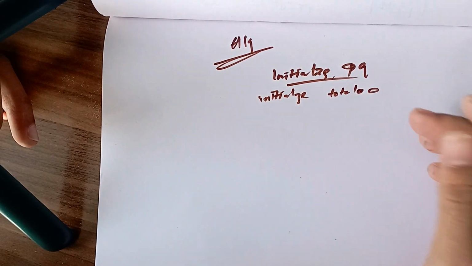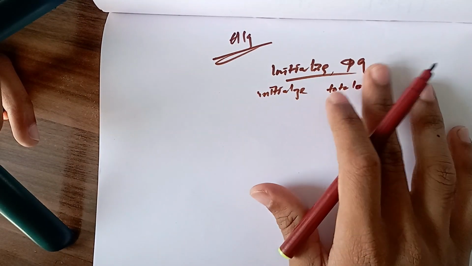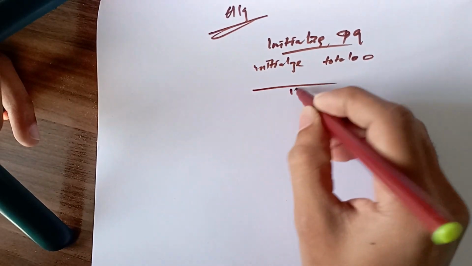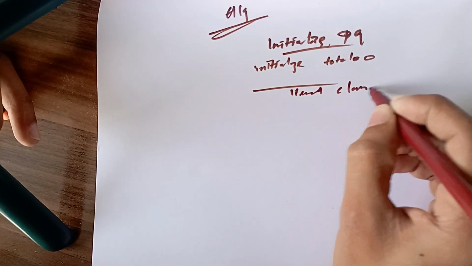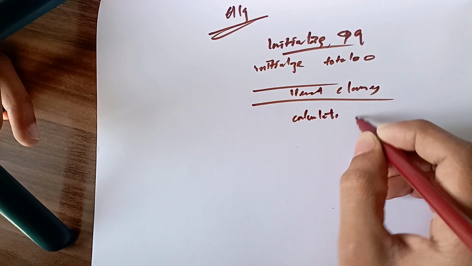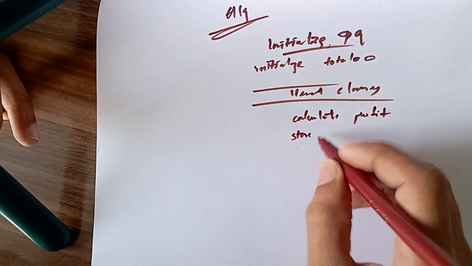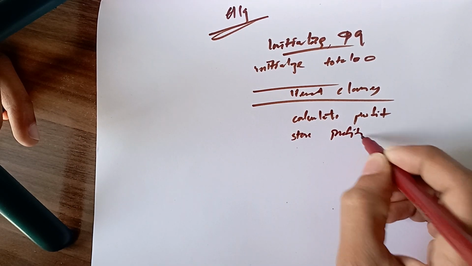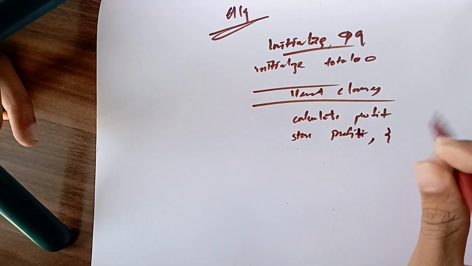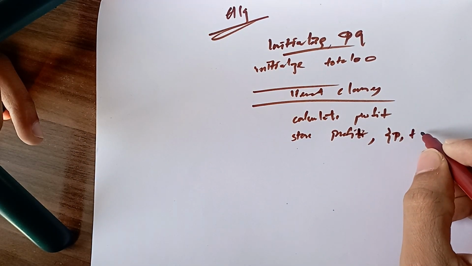Remember, we need to do all these calculations with double data type, and iterate classes and calculate profit, store profit comma, and what are the passing students and the total students.